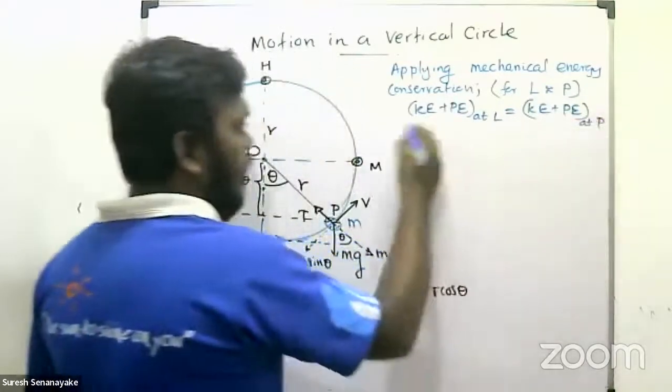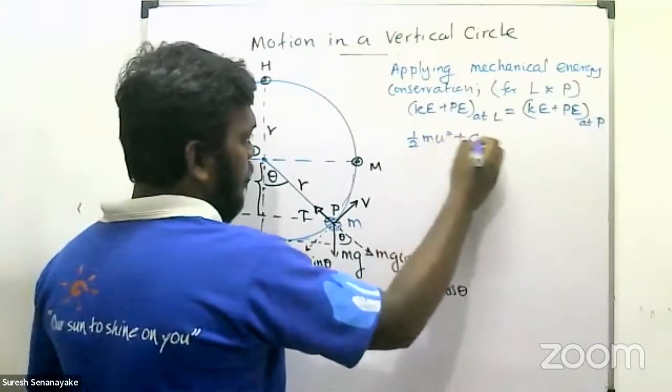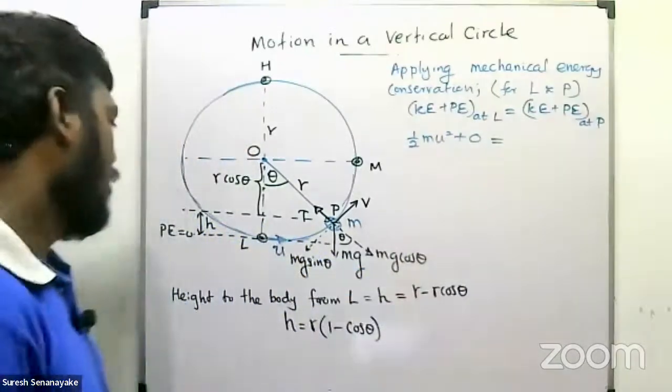equals the kinetic energy plus potential energy at P. Here the kinetic energy is half m u square, with the potential energy zero level taken at this position.